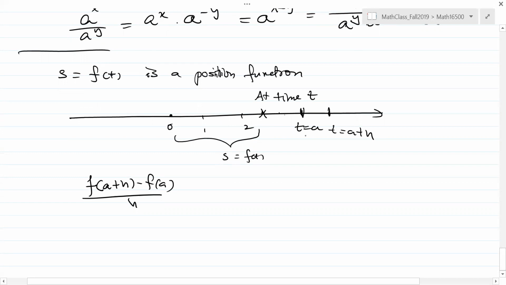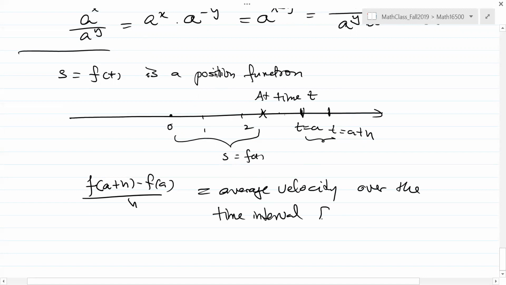The numerator is the distance it travels. It could be 0. Then divided by the length of the time, which is h. So this is going to be the average velocity over the time interval from a to a plus h.